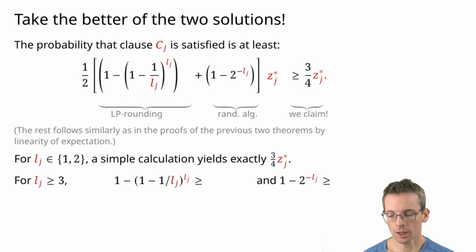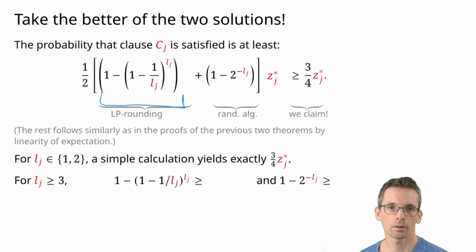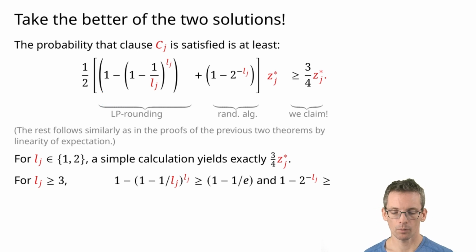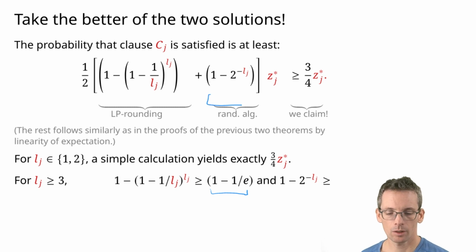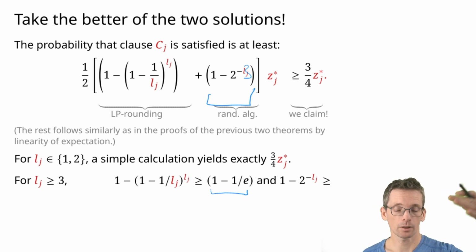Then for Lj larger or equal 3, we know that this term here, so that we've already proven, is larger equal 1 minus 1 divided by e. But likewise, I know that this term here is at least as large as what I get when I plug in 3 here, because the larger the number that I plug in, the larger this becomes.